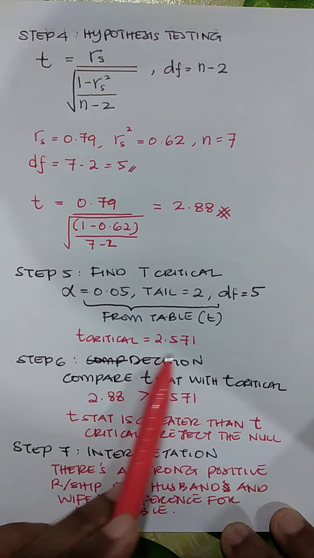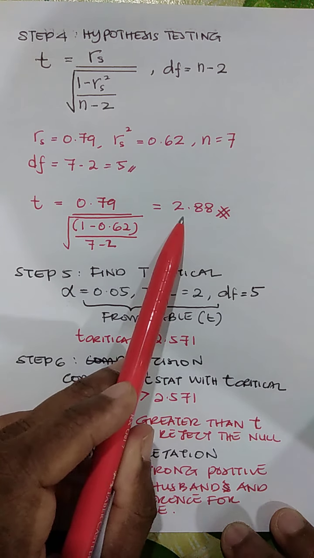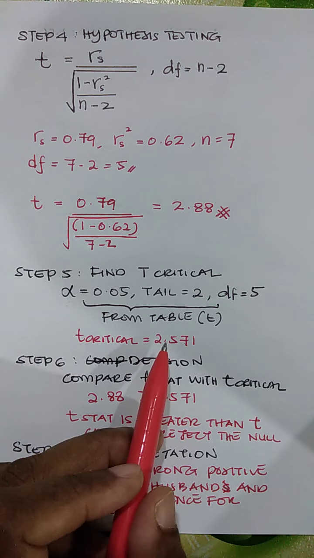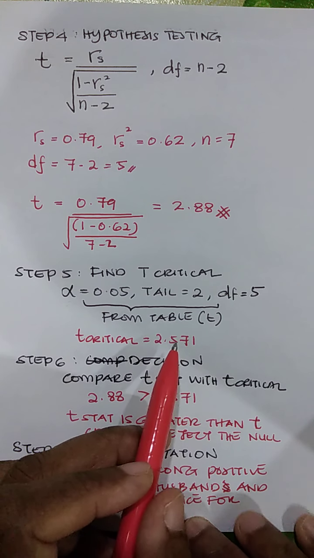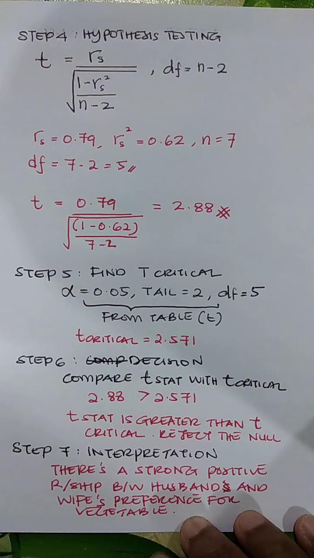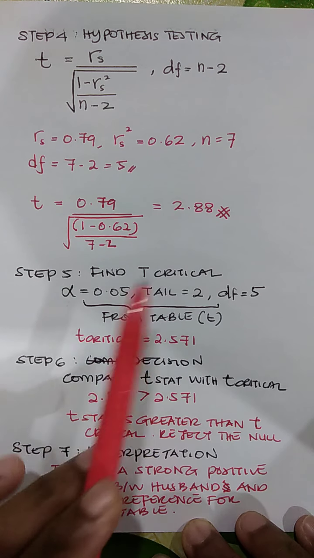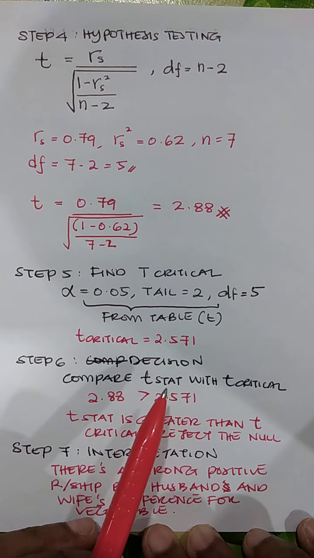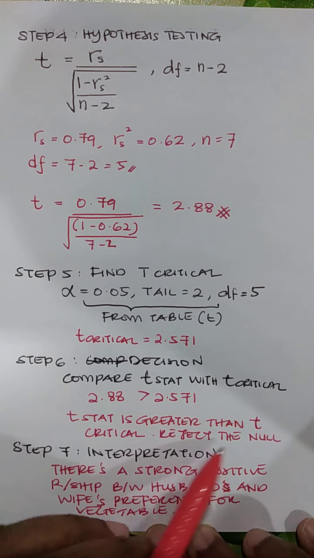Once you get your t critical value, we compare it with our t statistic. Basically you have to get values greater than this cutoff in order to say there is a significant relationship. So 2.88 is our t statistic and 2.571 is the t critical. Since the t statistic is greater than the t critical, we reject the null.